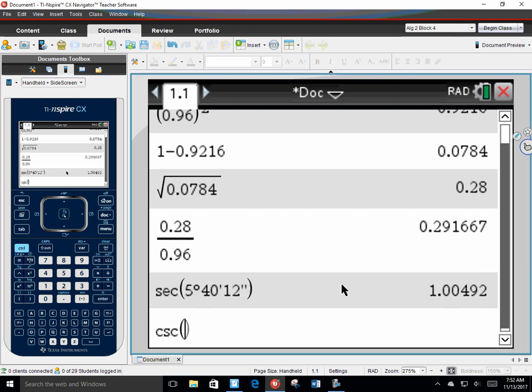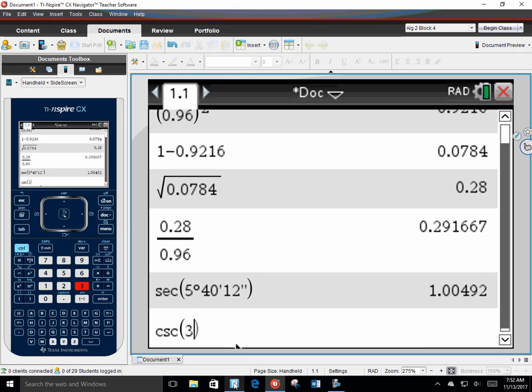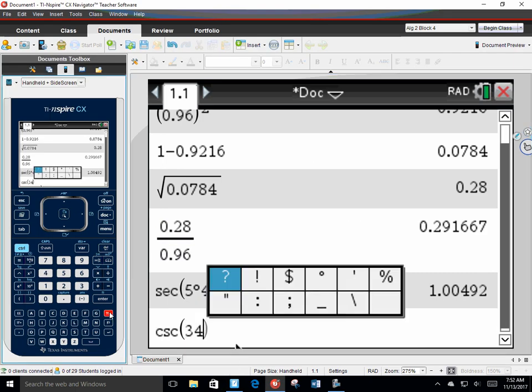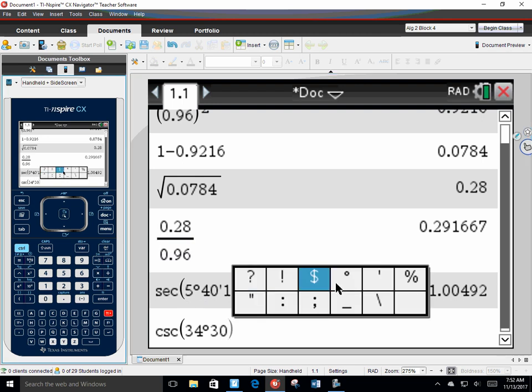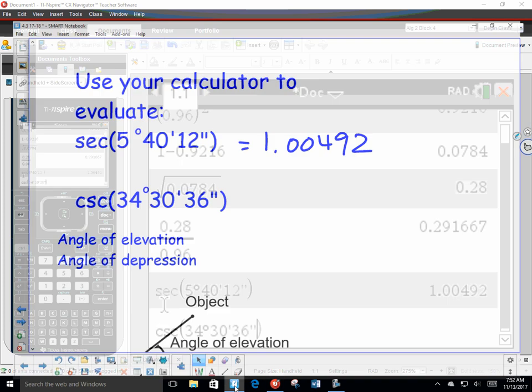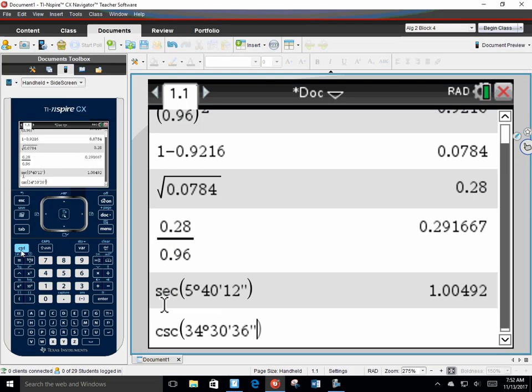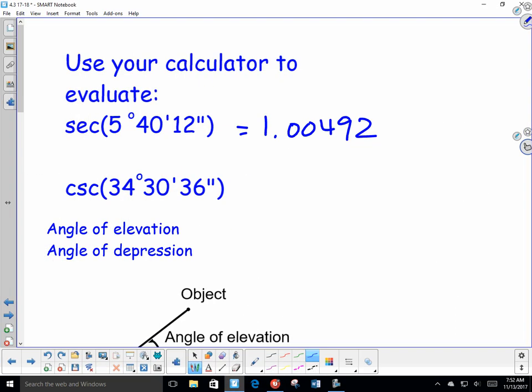Now we want cosecant of, it was 34, 30, 36, 34 degrees, 30 minutes, and 36 seconds. Was that right? 34, 30, 36. Yep. And so we are going to end up getting 1.76507 for that one.